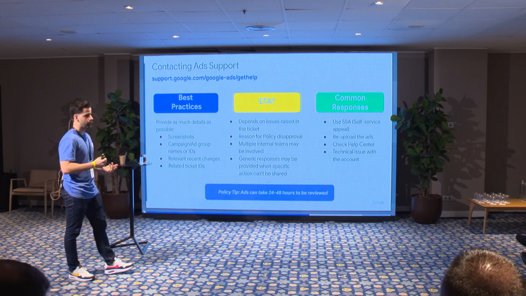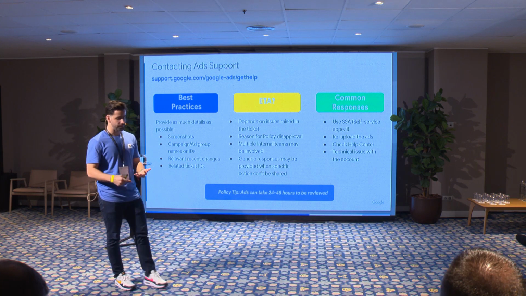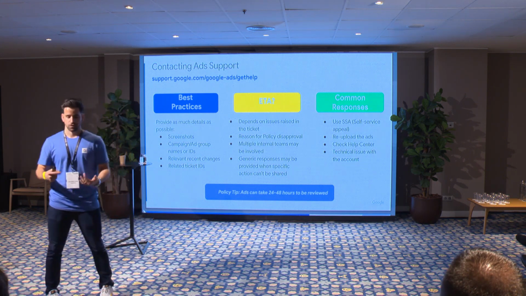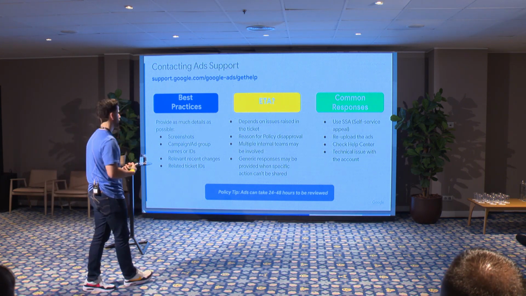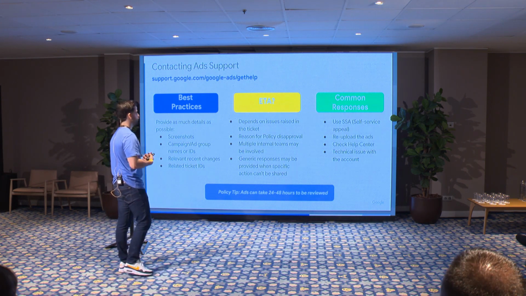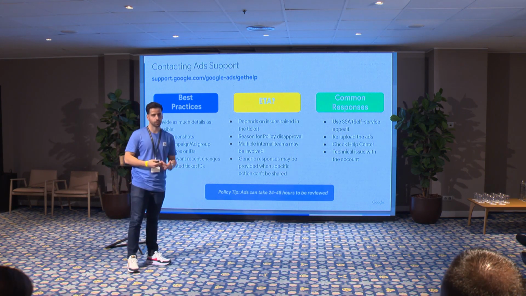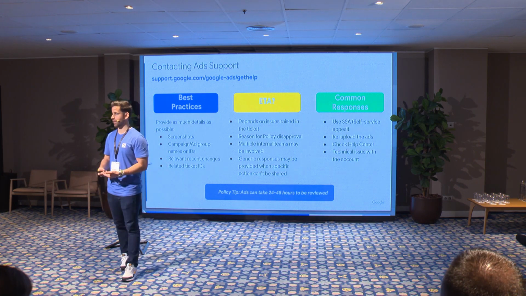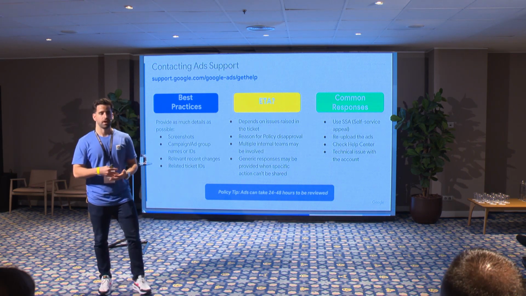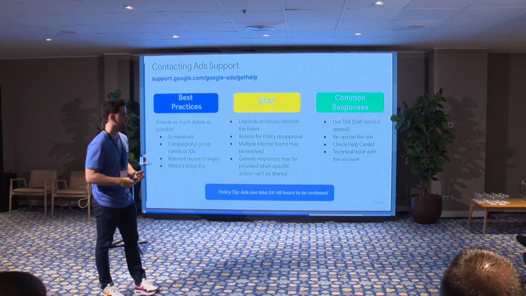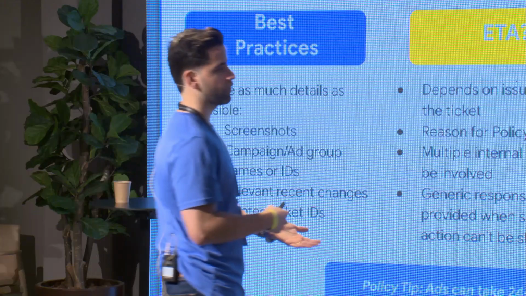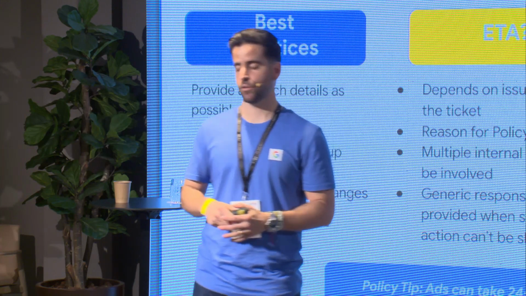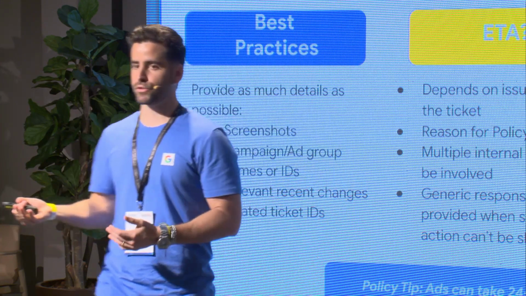If you have a question about billing or policy or performance, you can reach our Google Ads support, but you have to be super specific on what you need, okay? And provide as much information as you can. The same happens when, for instance, I want to present an appeal for an ad that has been suspended or an account that has been suspended.